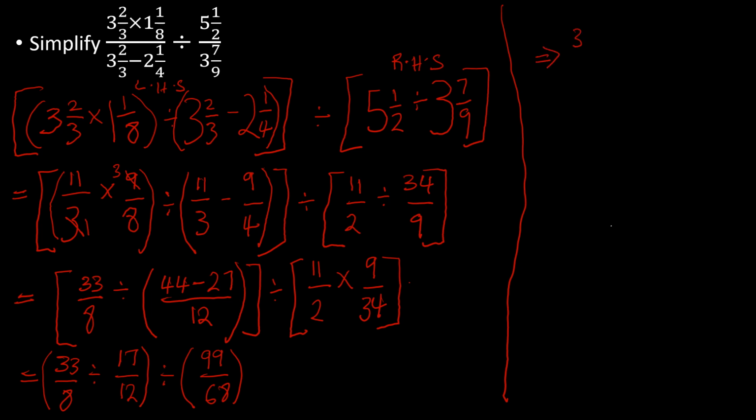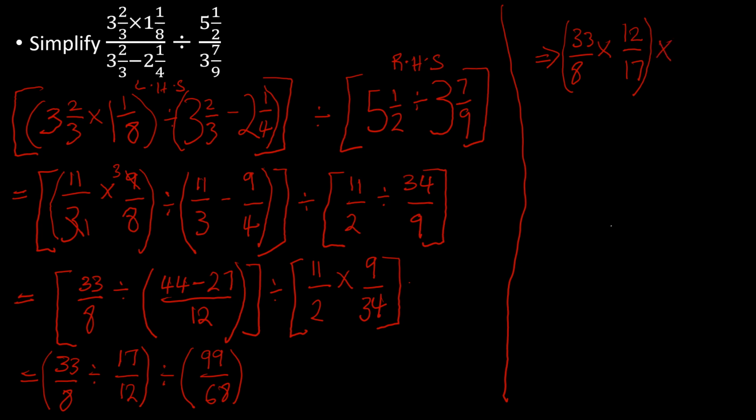We'll have that 33 over 8 is now being multiplied because our division sign becomes a multiplication sign. And when we do that, the fraction on the right hand side will be flipped, and we're going to have 12 over 17. Now, this is all in a bracket, and we have that this is being multiplied.